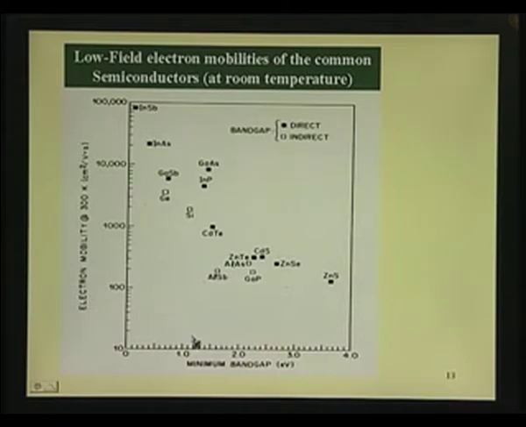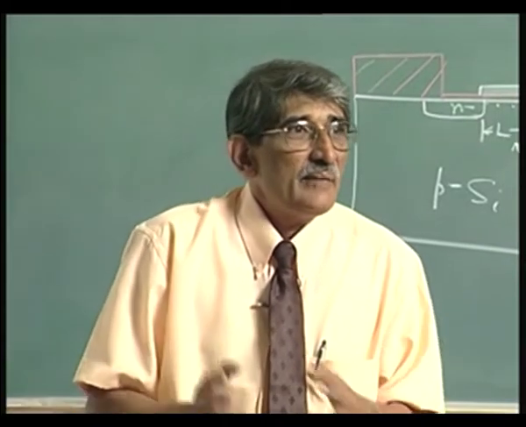Only two of them. That is gallium arsenide, with mobility of about 8500 at room temperature, and band gap 1.43 electron volts, higher than silicon. So, we are very happy that the band gap is high.